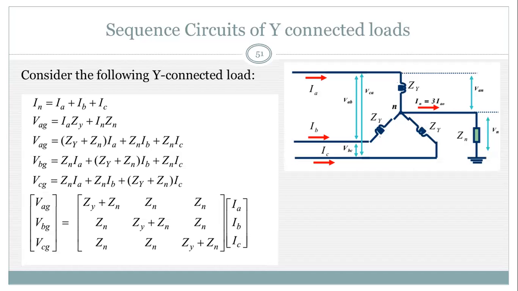Now, sequence networks: we already know that we have three types of symmetrical components, positive sequence, negative sequence, and zero sequence symmetrical components.